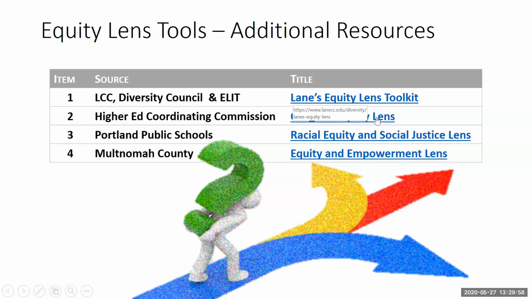Two, the Higher Education Coordinating Commission. You can access their tool by the link with Oregon's Equity Lens. Three, Portland Public Schools has a racial equity lens, and you can access it by clicking on the link, Racial Equity and Social Justice Lens.